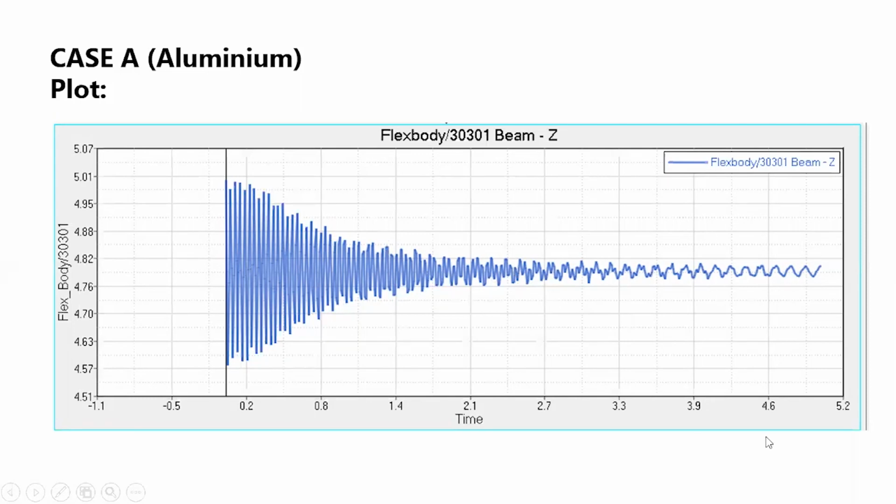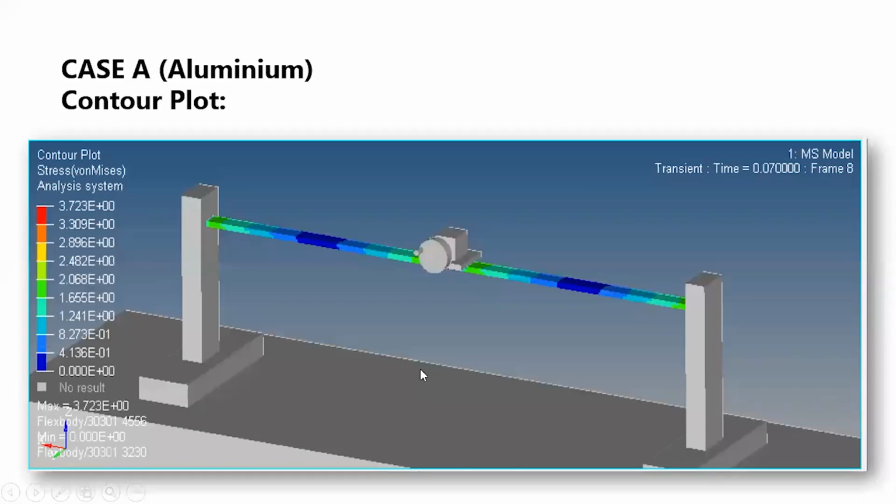This is the kind of trend we get for the amplitude. We can see the contour plot here. The von Mises stress has been calculated, and intuitively, the maximum stress happens at either the fixed joints or the mount plate locations. This is the contour graph for the aluminum.